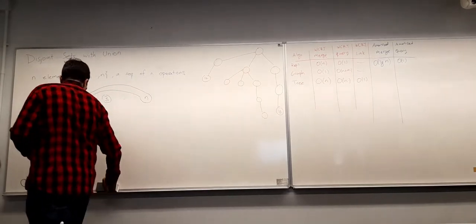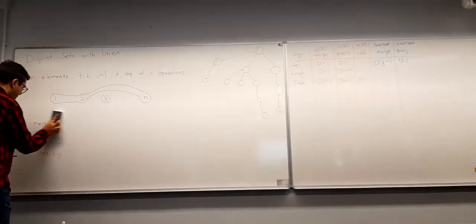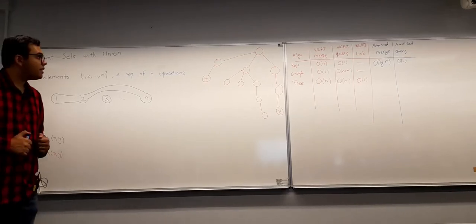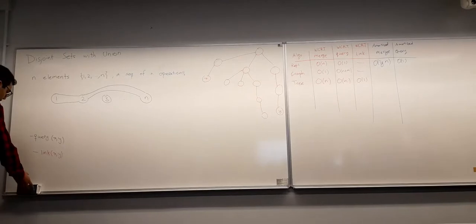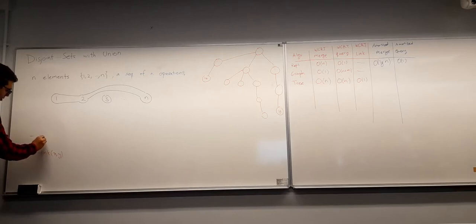Remember that when we're talking about trees, we now have these two operations. So I have query and I have link. And actually, instead of query, I can also put another operation here. I can just say my other operation is find root.